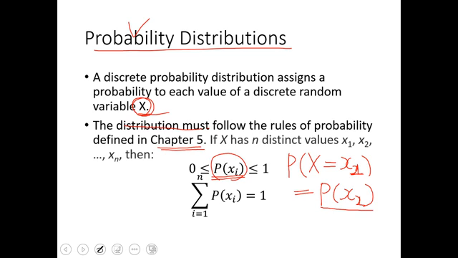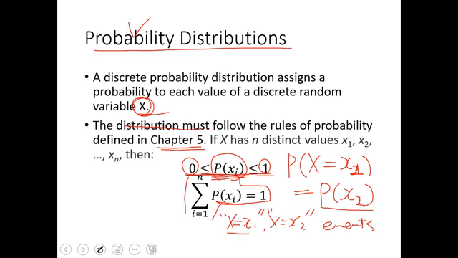Then "x is x1 or x is x2" is an expression of an event, an "or" event. So probability is a map from an event to a value between 0 and 1. And as we studied in chapter 5, the sum of all probabilities should be 1.